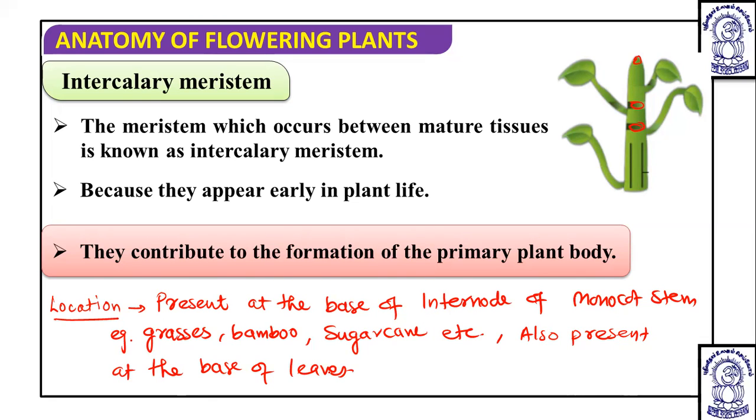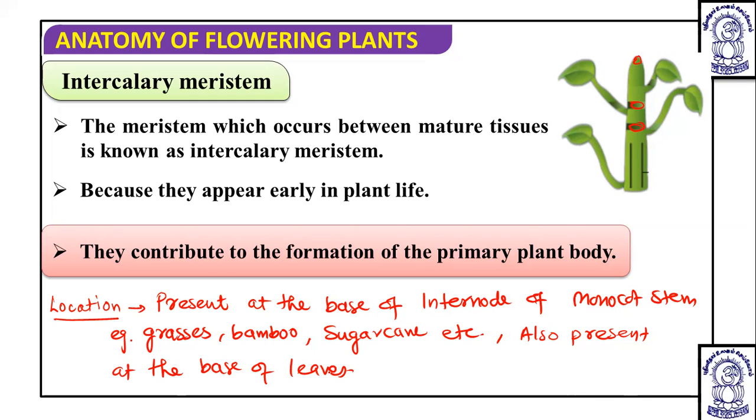And by the activity of this meristem, which is present at the base of leaves, the length of leaves gets increased. So this intercalary meristem also helps to increase the length of the plant organs.